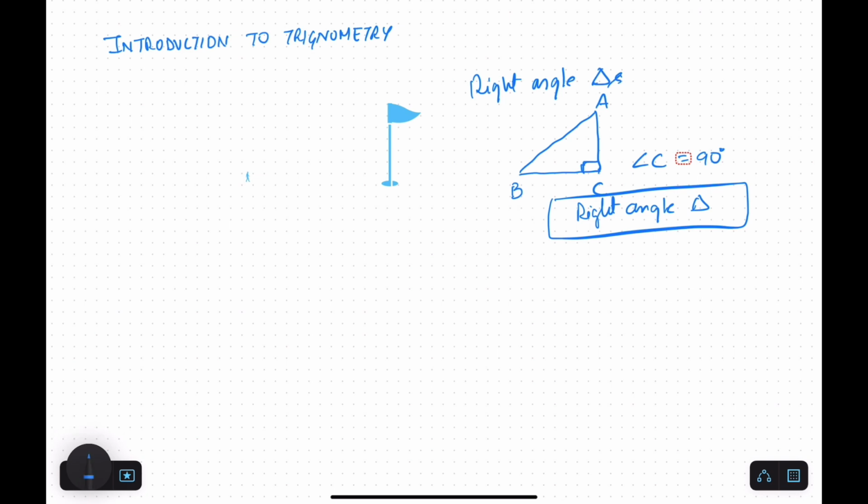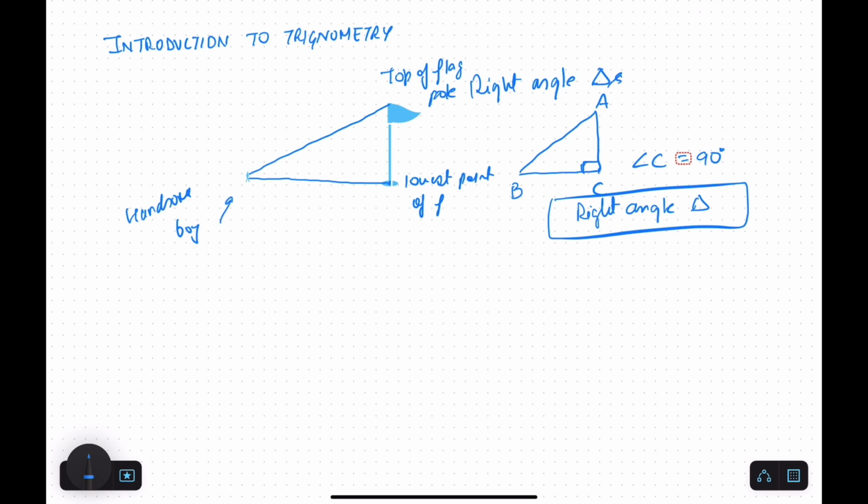For example, you can see a boy over here. He is a very handsome boy. So what does he do? He first looks at the top of the flagpole, and after that he looks at the lowest point, or say the base, of the flagpole.